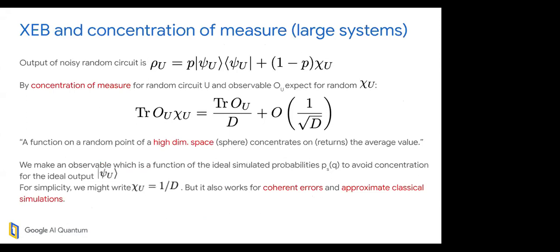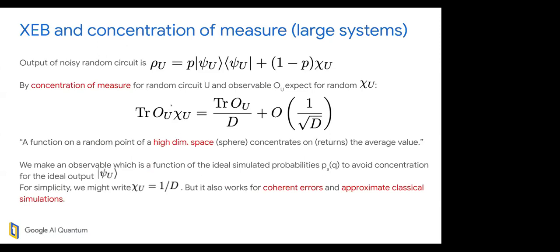Okay, so the same thing can be said a bit more mathematically by saying that what we're doing is we have this noise density operator chi, we have some observable O, which is our fidelity estimator.